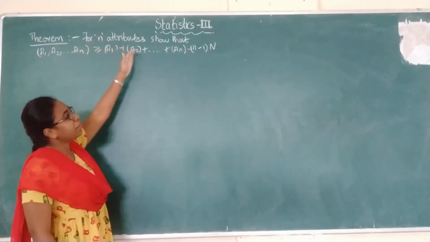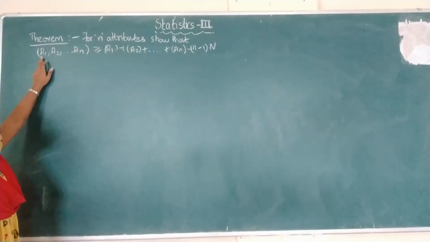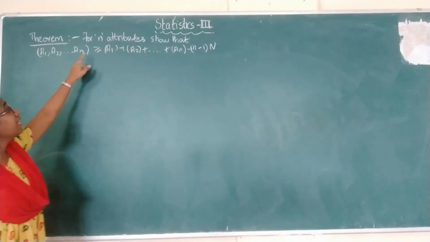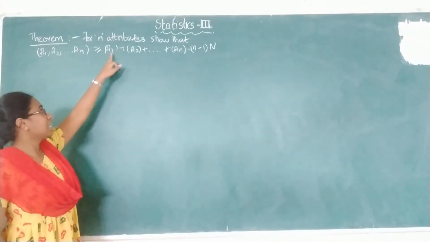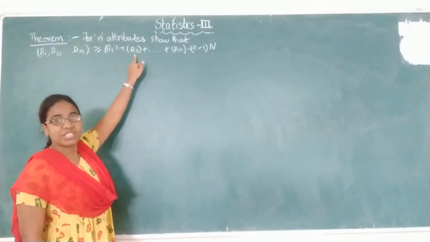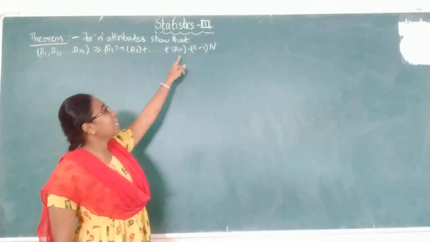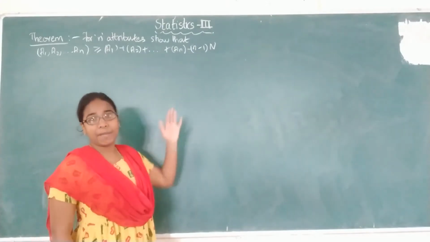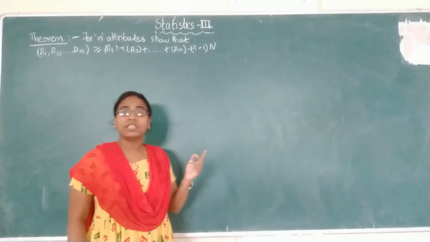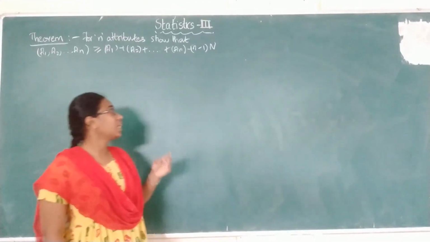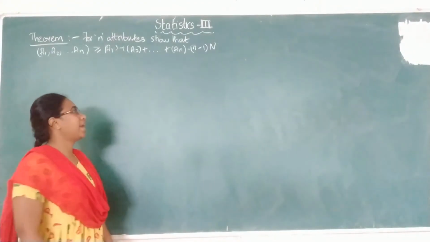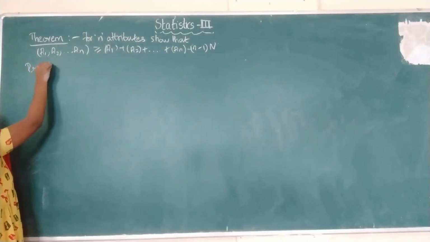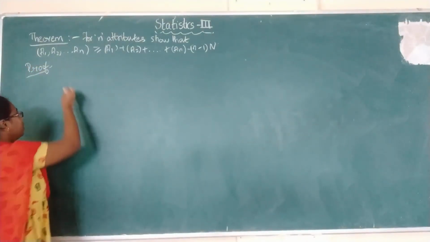For n attributes, show that the class frequency of A1, A2, and so on up to An is greater than or equal to the class frequency of A1 plus the class frequency of A2 plus so on, plus the class frequency of An, minus (n minus 1) into capital N. So what is capital N here? The overall population size, and small n is the number of attributes.